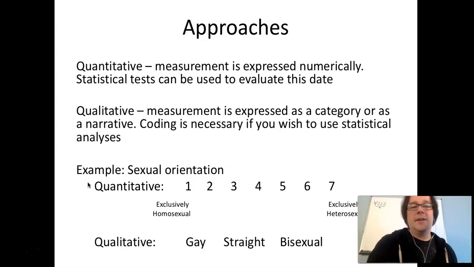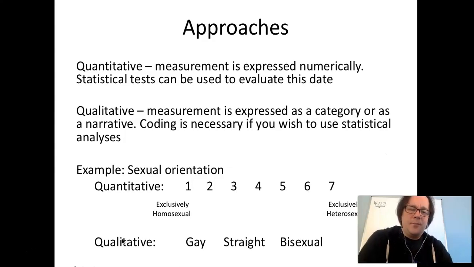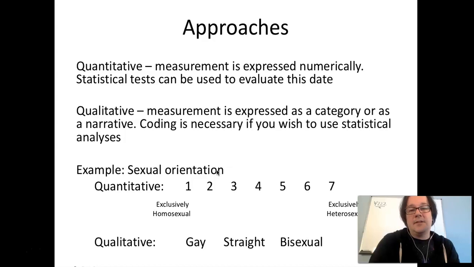But you can see, just as an example of measuring sexual orientation on a scale of 1 to 7, from exclusively homosexual to exclusively heterosexual, or measuring the same exact concept or variable of sexual orientation on a qualitative scale. The quantitative scale is going to give us much more information, right?